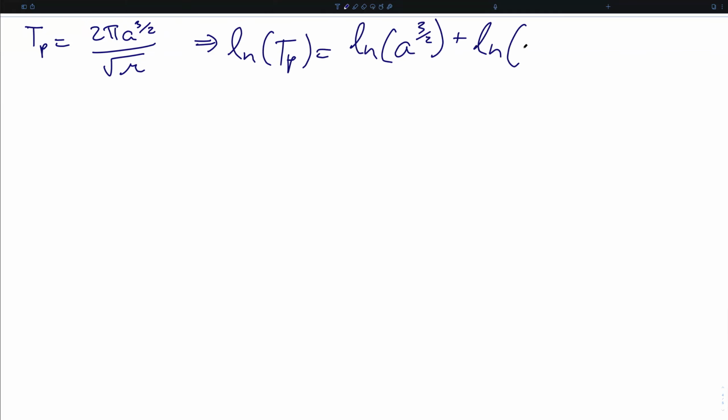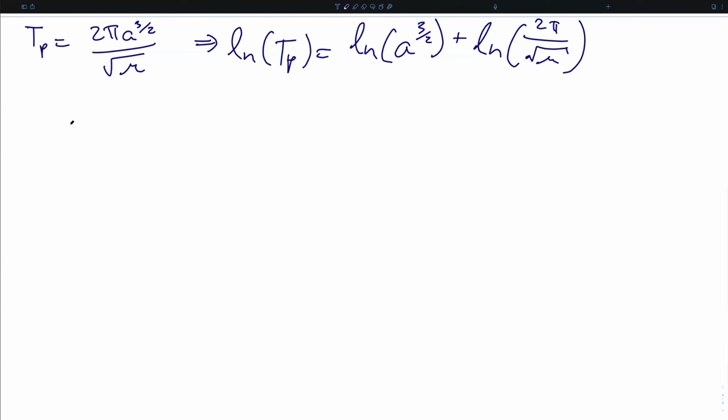As a final step, recall that the orbital period is given by 2 pi times the semi-major axis to the 3/2 power divided by the square root of the gravitational parameter, which means that the log of the orbital period is the log of the semi-major axis to the 3/2 power plus the log of 2 pi over root mu, where this whole term is a constant.